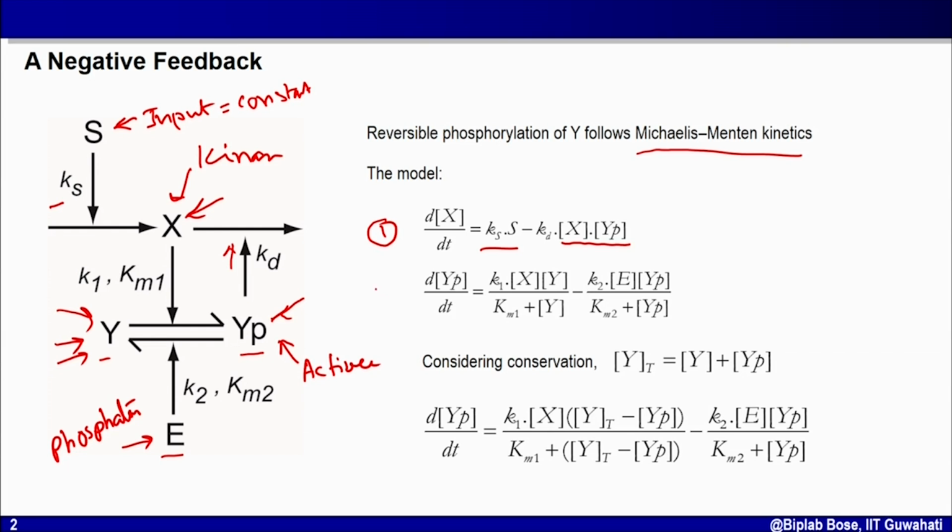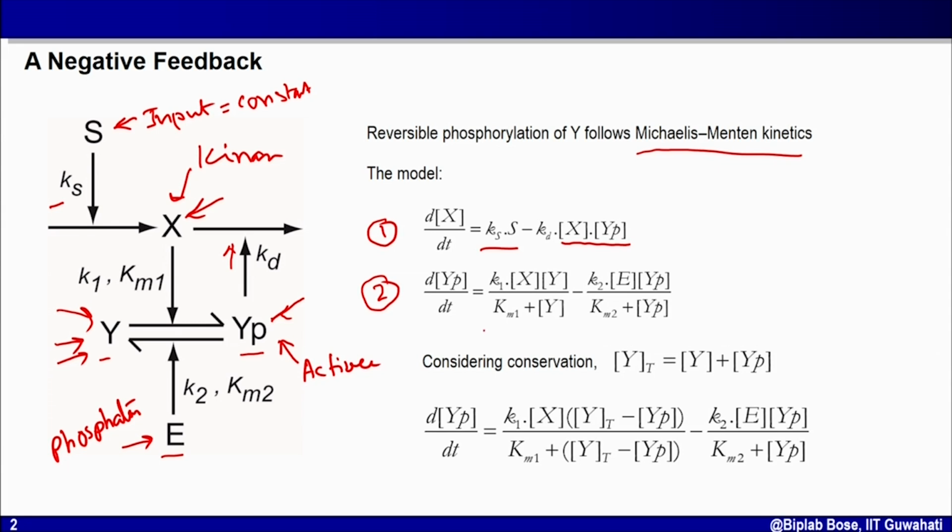Now the second ODE is for YP, that is dYP/dt is equal to, remember I have considered this Y to YP change as a reversible reaction following Michaelis-Menten kinetics. So the forward one from Y to YP will follow Michaelis-Menten and YP to Y will also follow Michaelis-Menten.